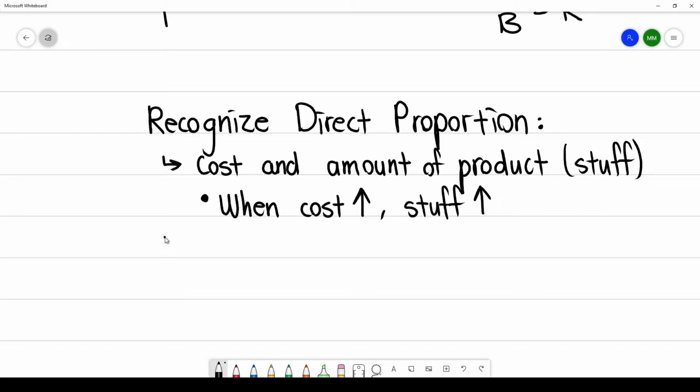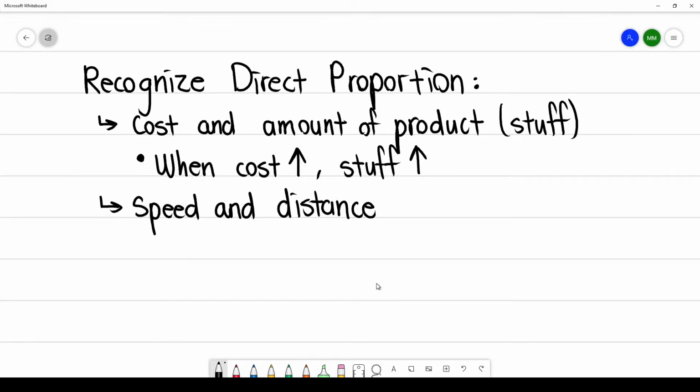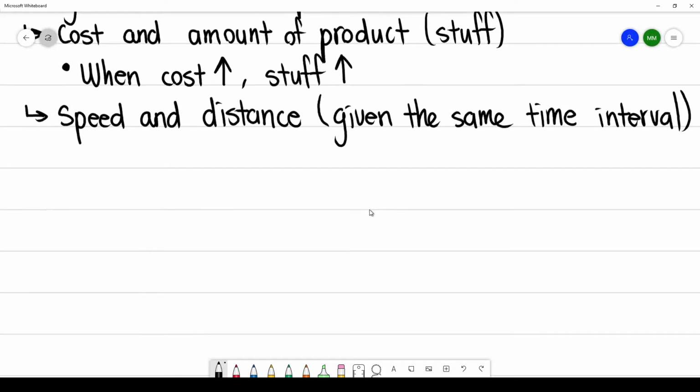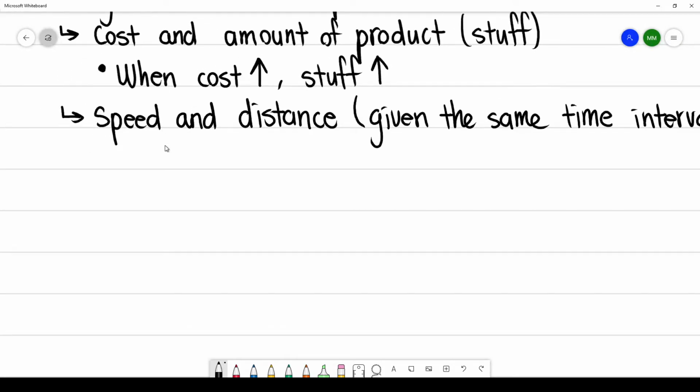And then the other very notable situation is speed and distance, given the same time interval. What I mean by that is, let's say an hour is your time interval.